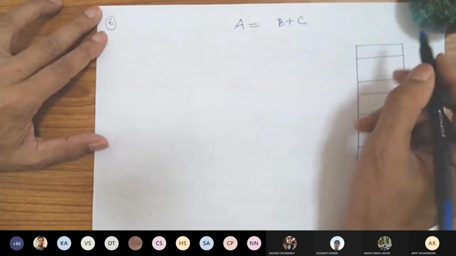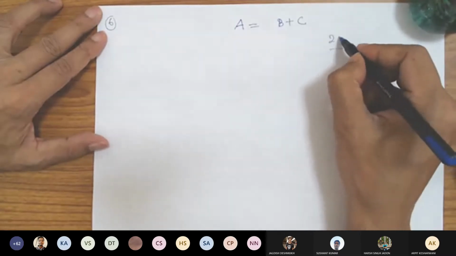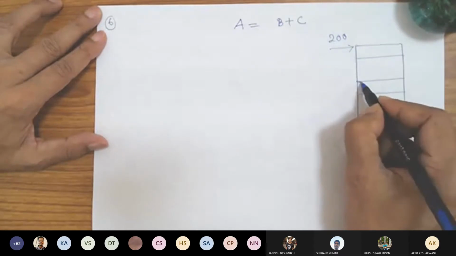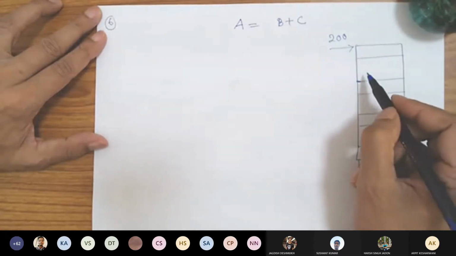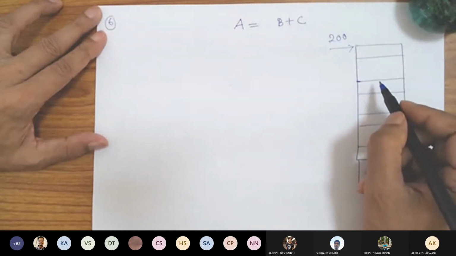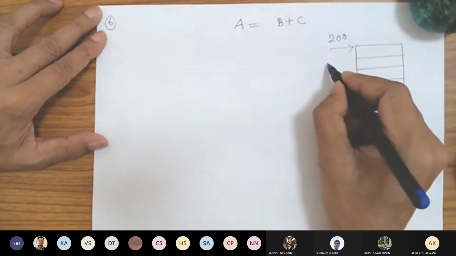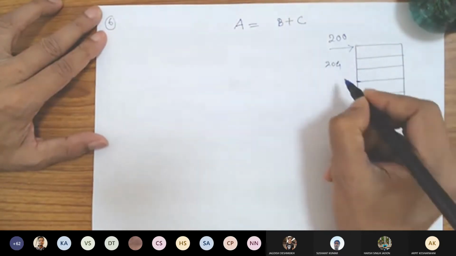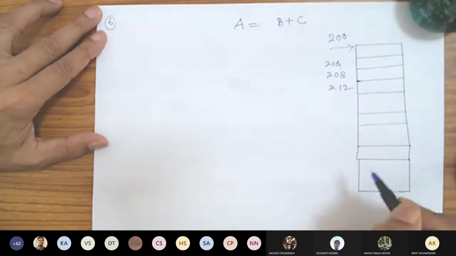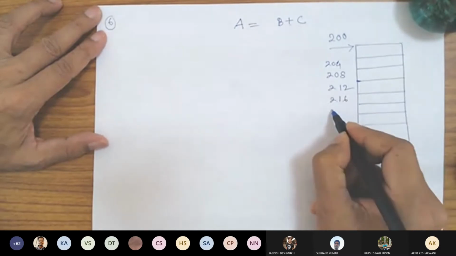This is the base, say 200, location. From the base, this is 204, this is 208, this is 212, this is 216, this is 220.